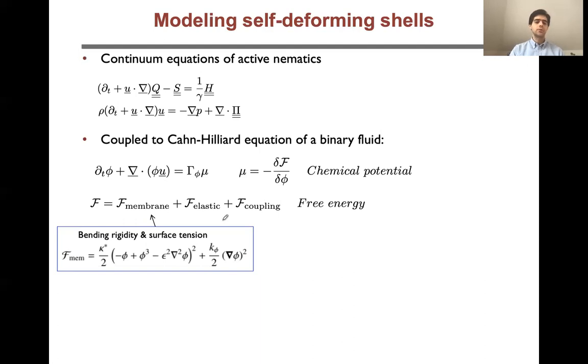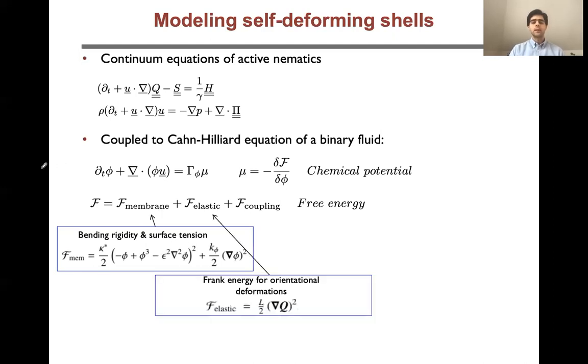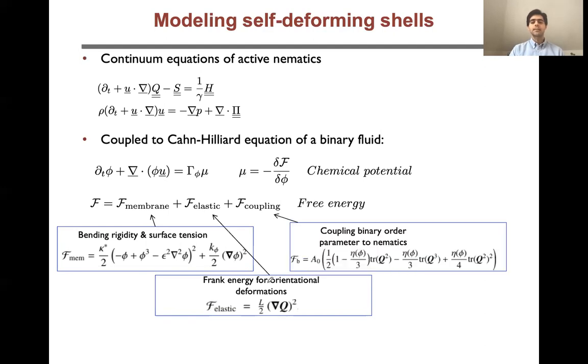We can also introduce a membrane free energy in the form of Helfrich free energy. You have the nematic elastic energy and then the coupling between the nematic order and the binary order parameter as before. But the trick here is that we want the active material to live at the interface.